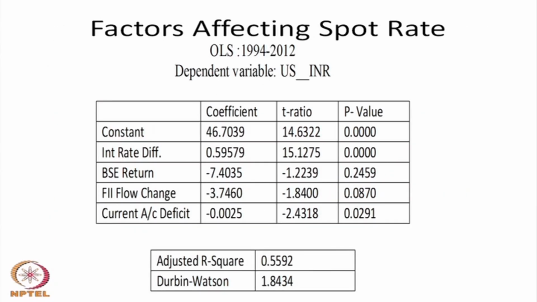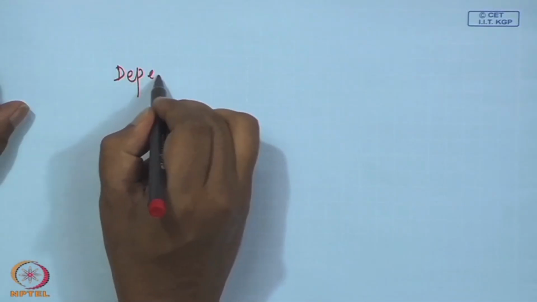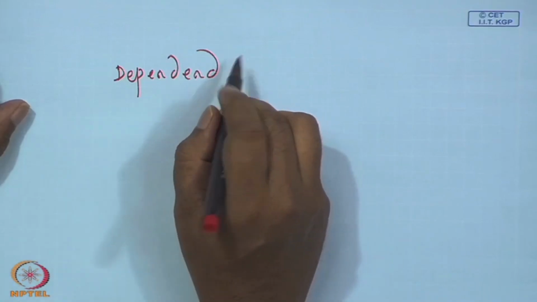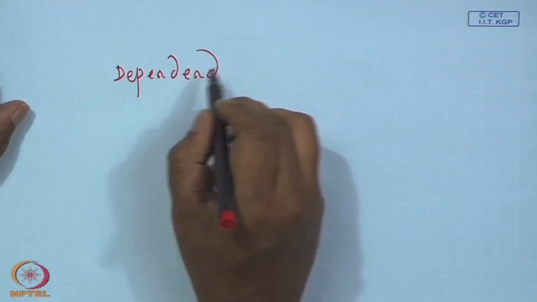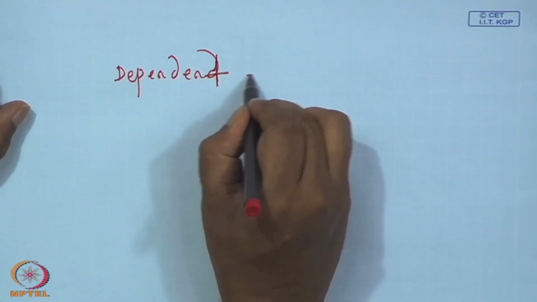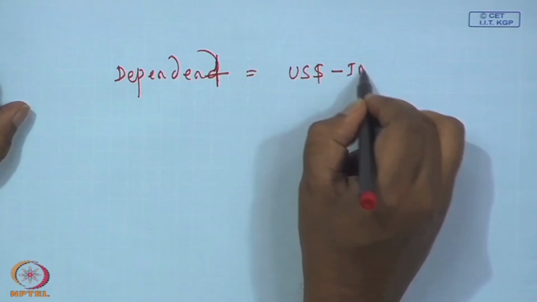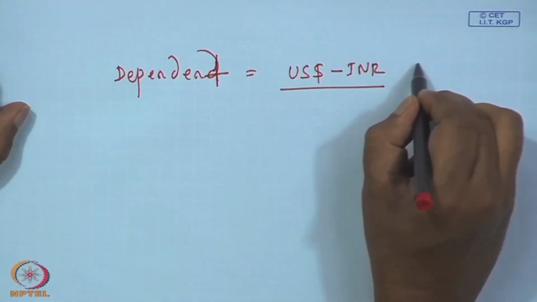Then I tried to run what is called an OLS regression, where my dependent variable is the US dollar INR spot rate, that is the Indian rupee.